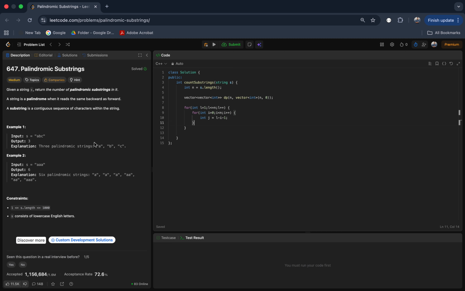So length I am taking 1. If I am going to the second index, the length will be 2. So if I go to this point, i equals 1, then my j should be equal to 2, so i is 1.